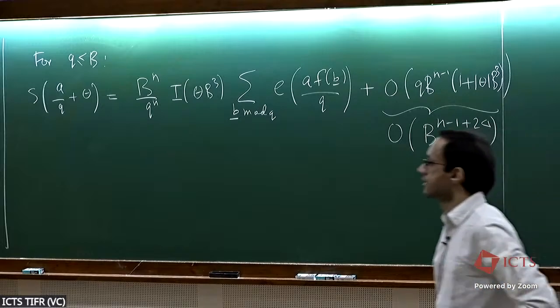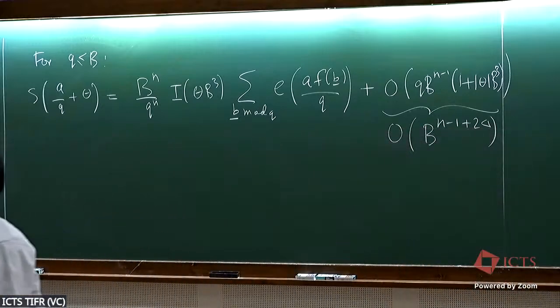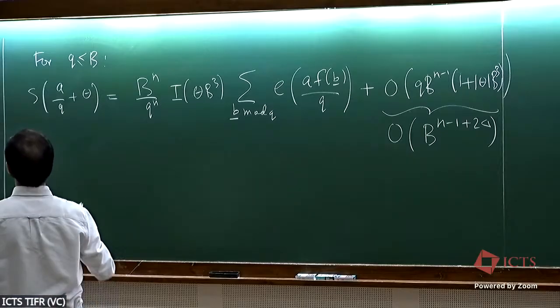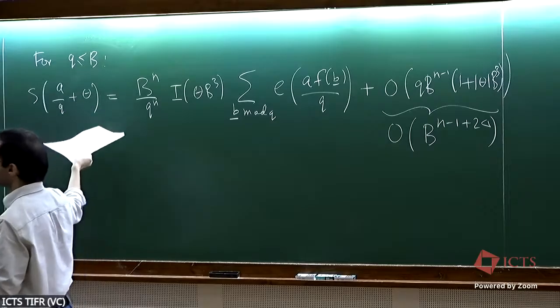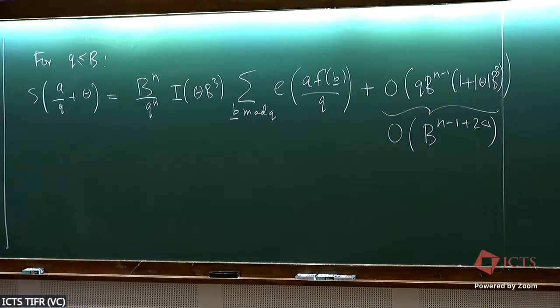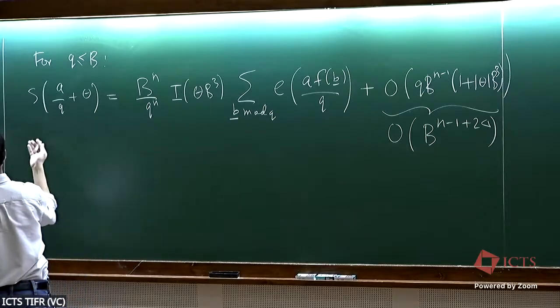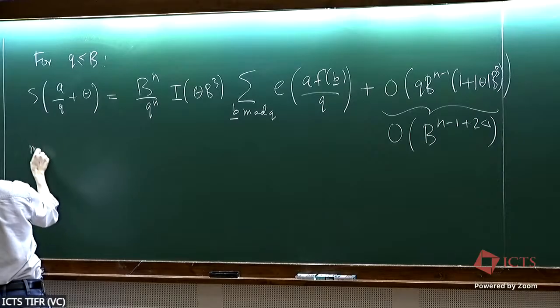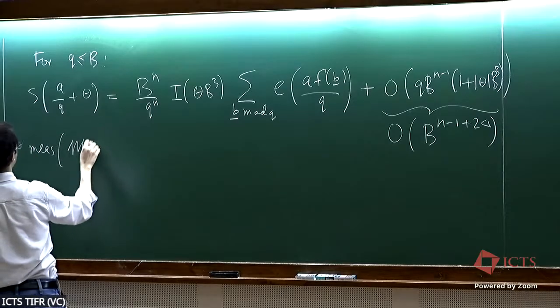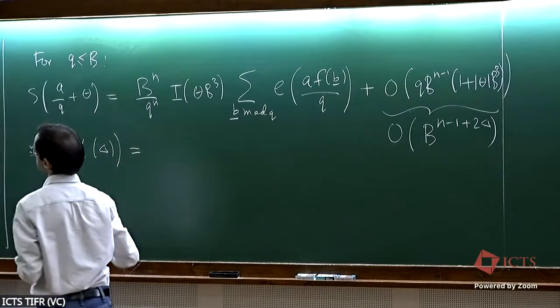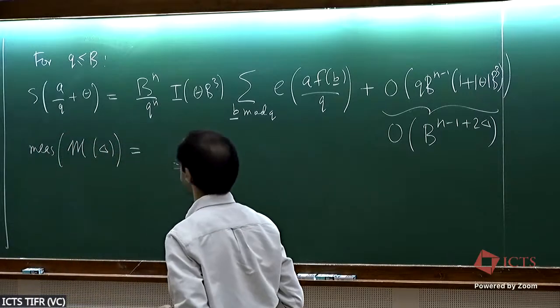So for doing the major arc analysis, we want to sum over all the q's that go up to b to the delta. We want to sum over all of these a modulo q's. And for thetas, we want to be around a over q, going up to 1 over b to the 3 minus delta. That's the length. So if you ask what is the measure of the major arc, what's the length of the major arcs? So the total, if one does, is going to be how much?